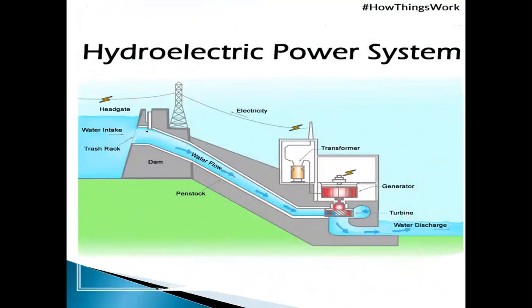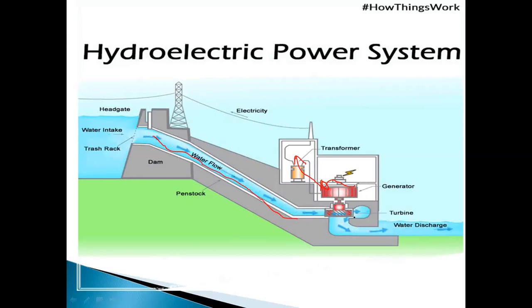We'll see here. Water is collected here, and now water is flowing with great pressure. So this potential energy is going to change into kinetic energy. Here is the turbine, and when it is moving, here is a generator which is going to make the electricity, and then it goes into the transformers where it is collected, and then it is released to different areas of the city.